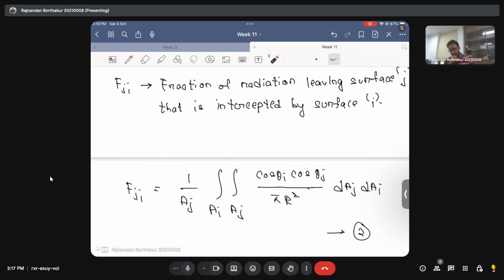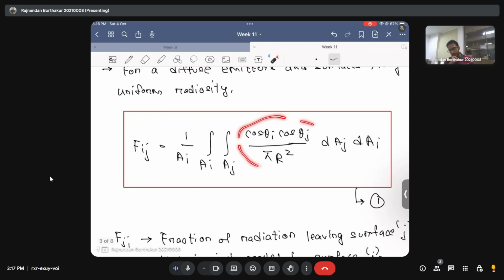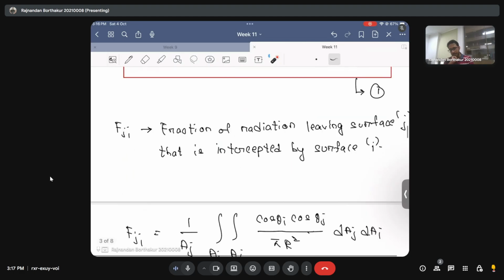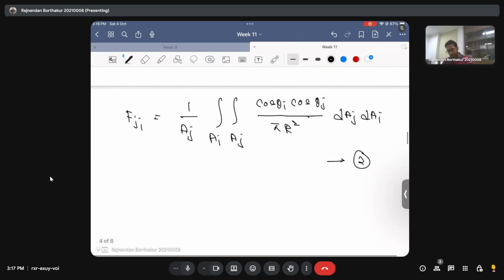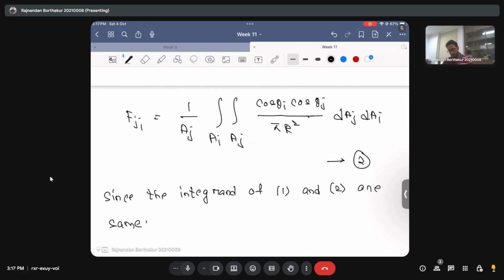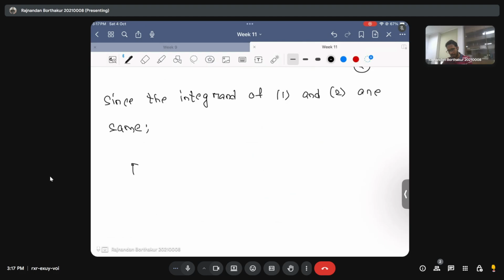Now, more importantly, you can see that the integrand, which is this factor, cos theta i cos theta j divided by pi r square, is the same in equation 1 and equation 2. So you can infer that since the integrands of 1 and 2 are the same, Fij times Ai is equal to Fji times Aj.